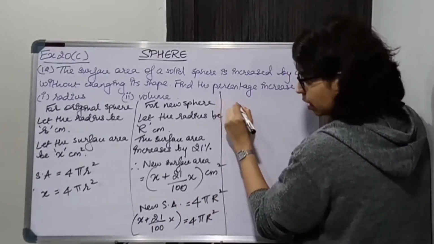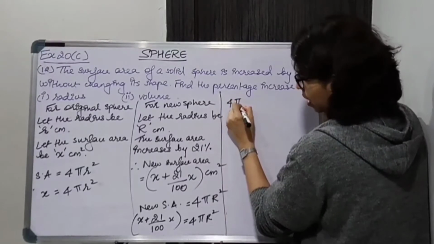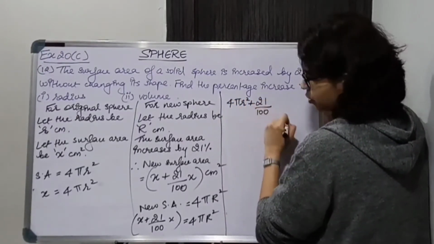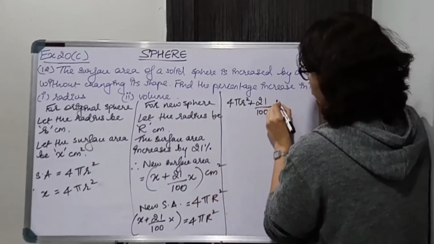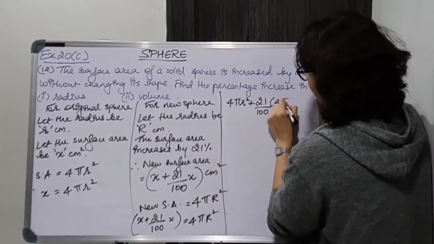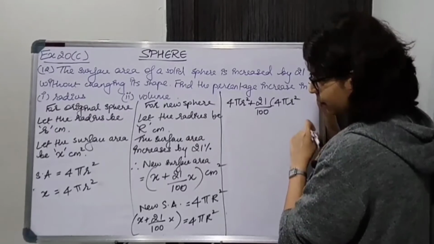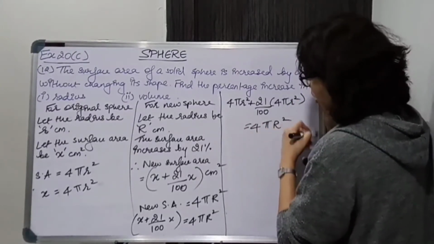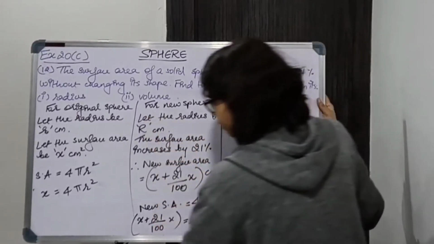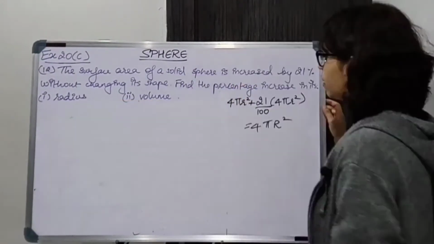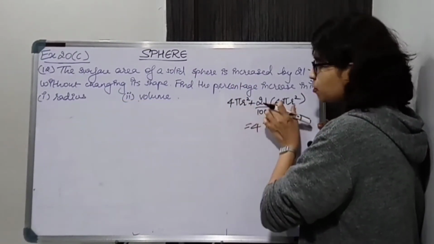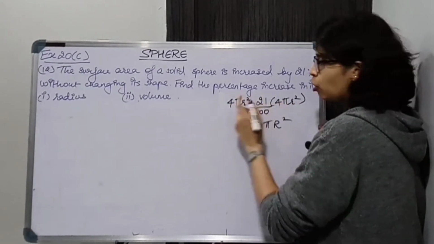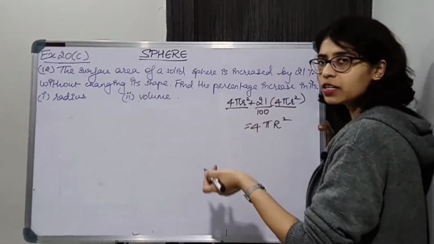So this will become 4 pi r square plus 21 upon 100 into 4 pi r square is equal to 4 pi capital R square. I'll solve it over here. Now we just substituted the value of x. 4 pi r square is common in both. I can take 4 pi r square common.